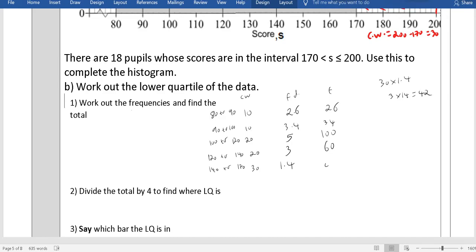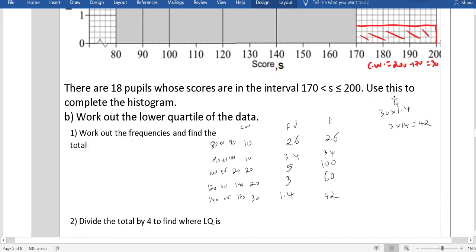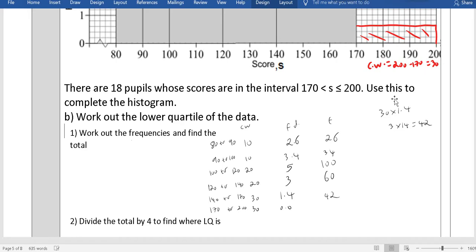So we have 42. And lastly, we know that in the last bar there's going to be 18, but for the sake of completeness we'll work it out. So 170 to 200, class width is 30, frequency density is 0.6, and 30 times 0.6 is going to be 18. So we got 18. Now let's work out the total.